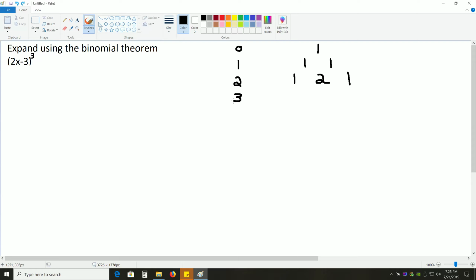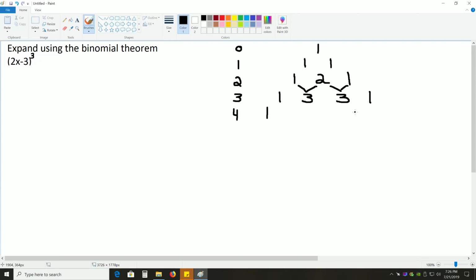So if your exponent is 3, you put your 1s on the outside, and now we combine these two numbers. 1 plus 2 gives us 3, and 2 plus 1 gives us 3 again. Now our exponent was 3, so we could stop there, but I'm going to show 4 just for a demonstration.